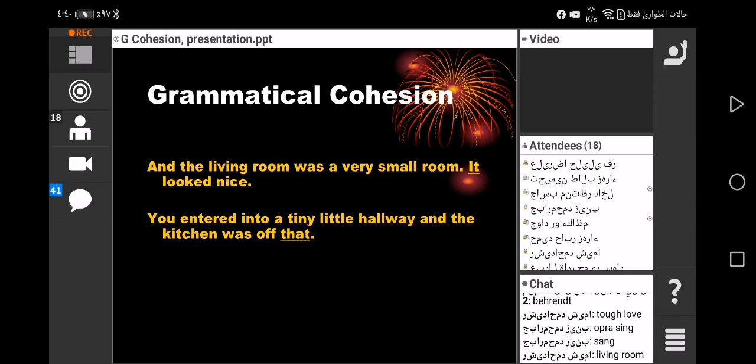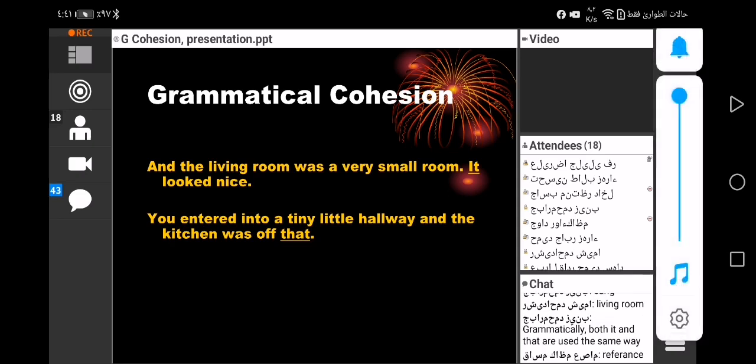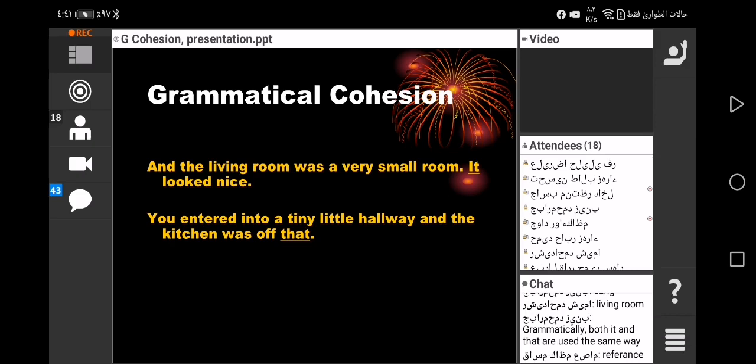You see, in the first example, the speaker uses it. In the second example, the speaker uses that. What's the difference? Why did he or she use it for the first example, that for the second example?